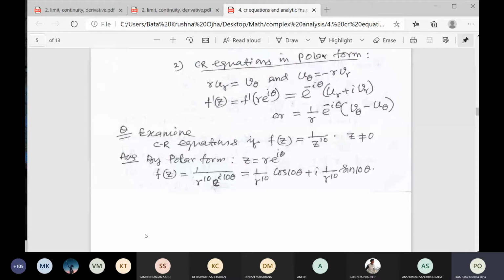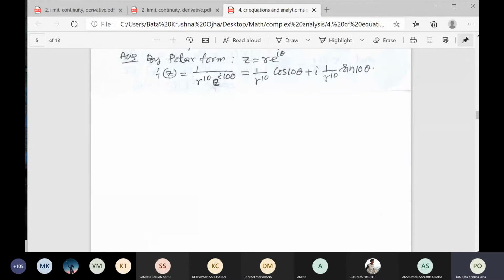So with polar form, z is equal to r e to the i theta, then f(z) is equal to 1 by r to the power 10 into e to the power minus 10 i theta.